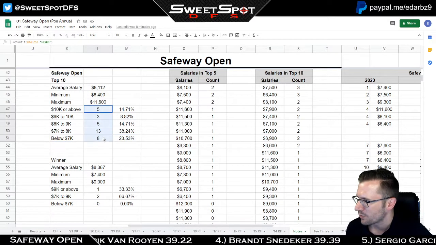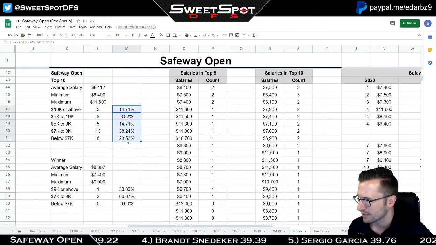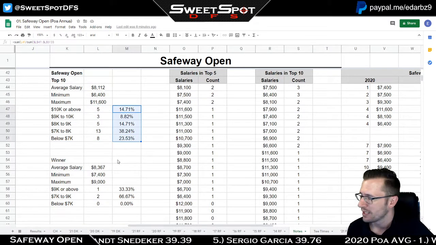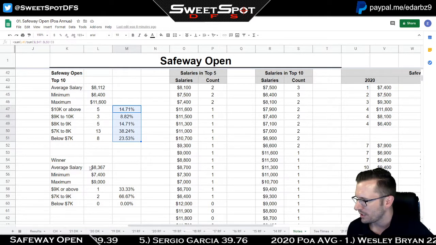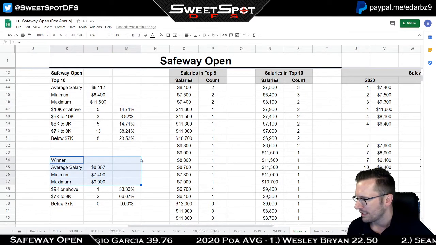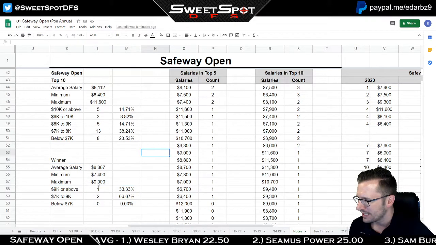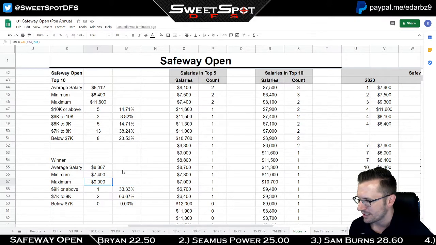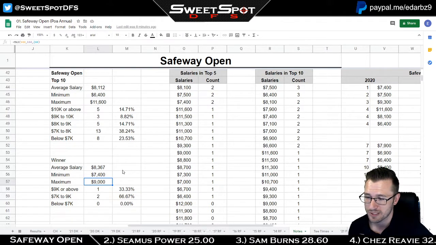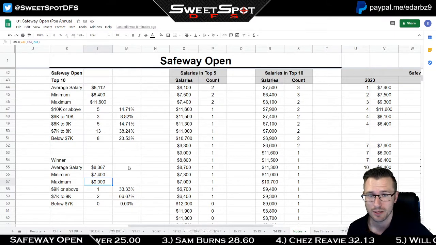But yeah, you can see the rest of the ranges here and the outcome of top 10s for them. Really don't worry about the winners down here. It's just a nice little piece to add. It is kind of interesting that the most expensive salary to win this tournament was $9,000.